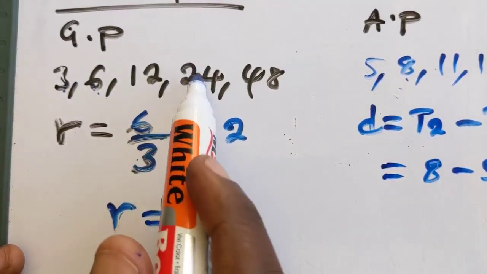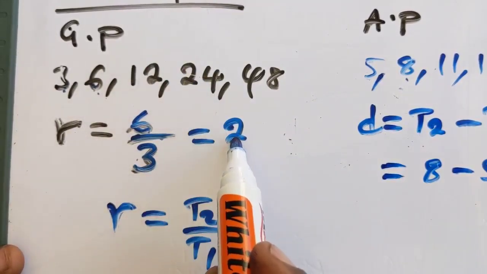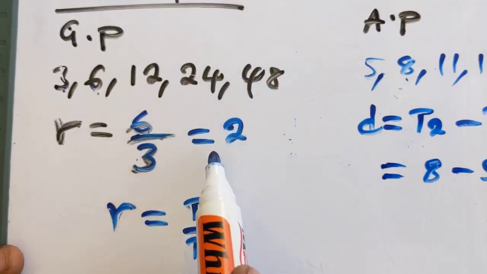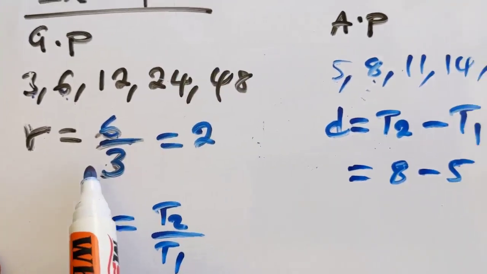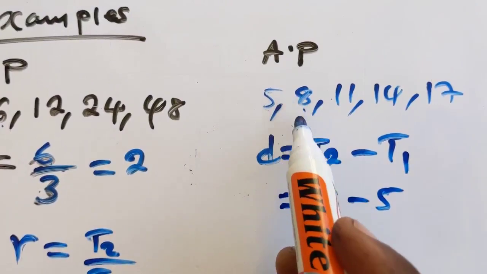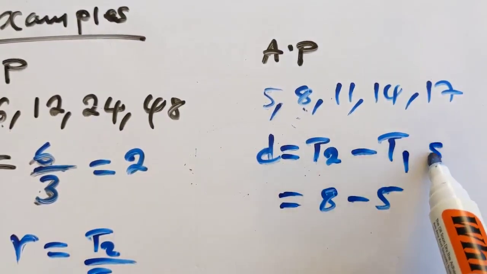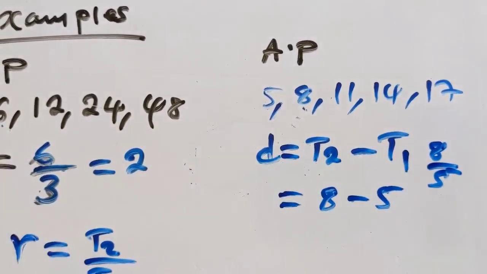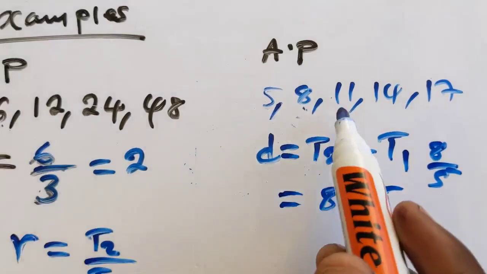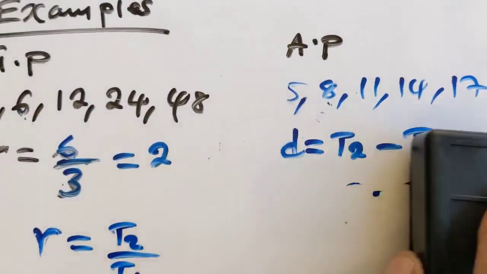Even here, if you divide 24 by 12, it will give you 2, and 48 by 24 also gives 2. But for the AP, 8 divided by 5 won't give you a constant answer. That is how you should know their differences.